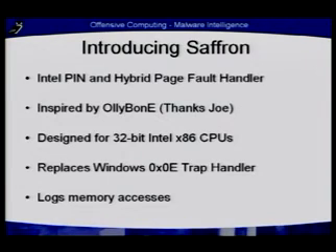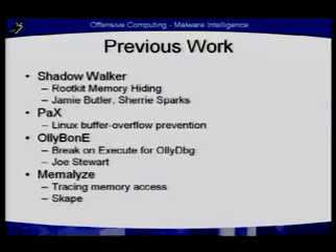Of course, it's designed for 32-bit Intel CPUs, and we replaced the Windows trap handler to log memory accesses. There was some previous work on this. Jamie Butler and Sherri Sparks wrote the Shadow Walker rootkit, which is used to hide memory access of rootkits inside of the kernel.